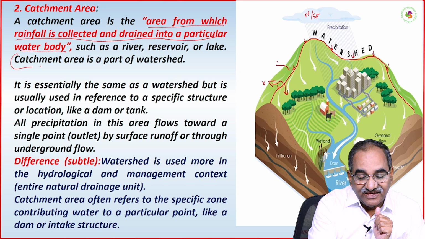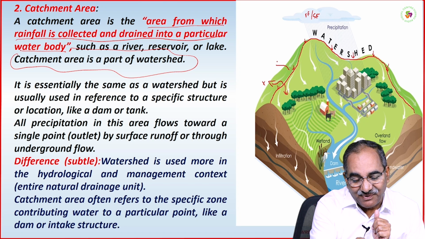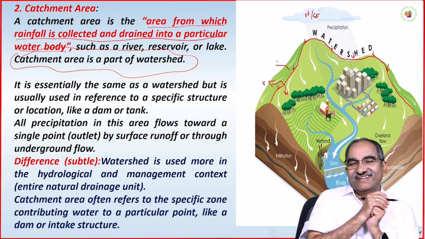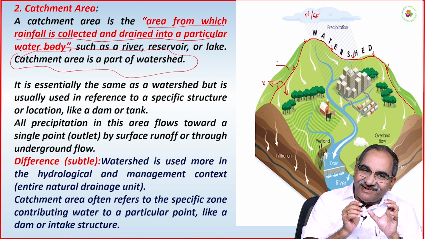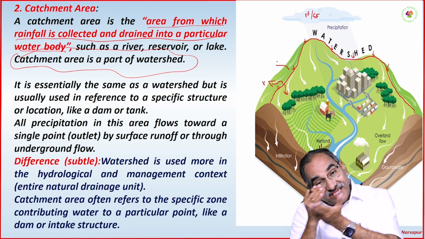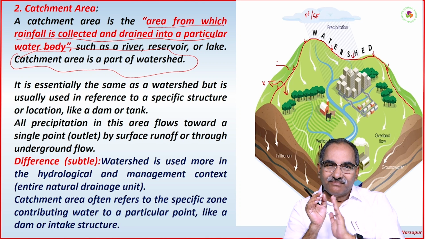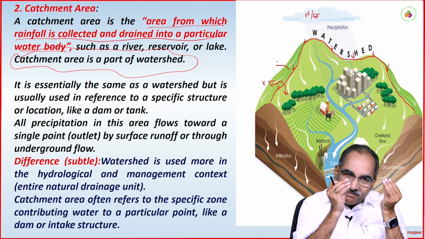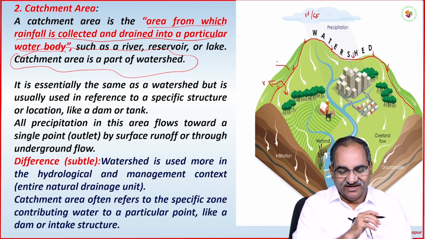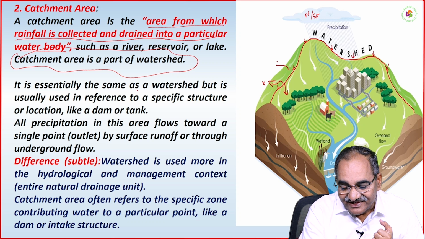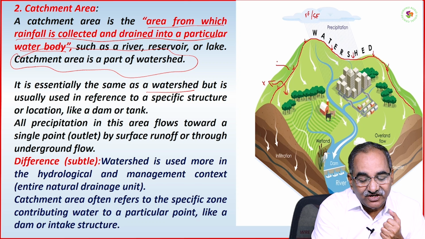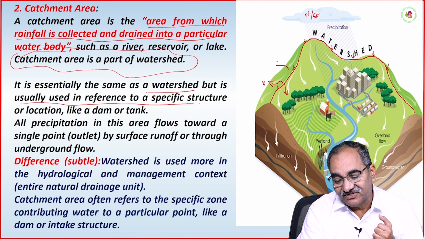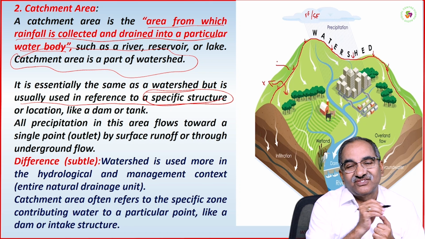Please note that catchment is a part of watershed. Catchment may be equal to watershed also, but catchment need not always be the watershed. Catchment may be a part of watershed actually. It is essentially the same as watershed, but it is usually used in reference to a specific structure.